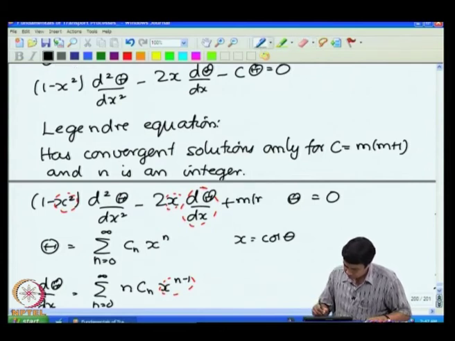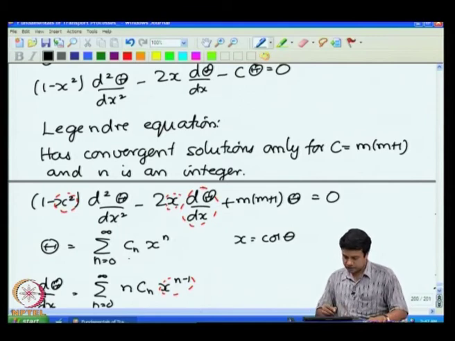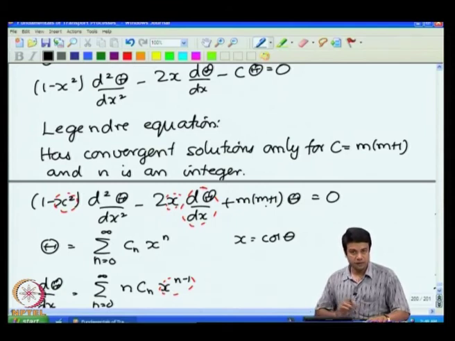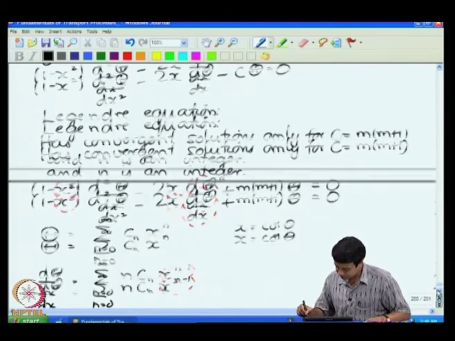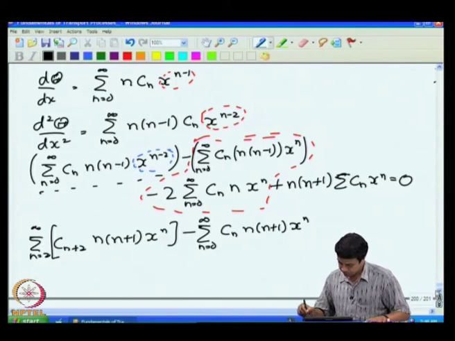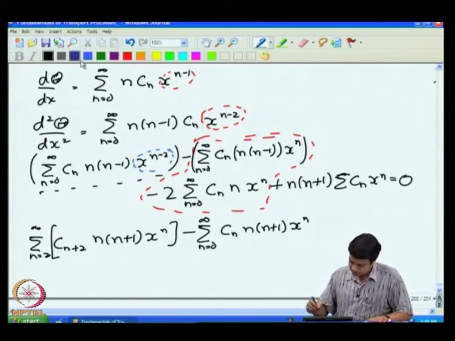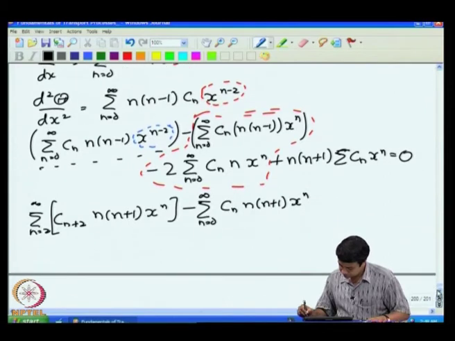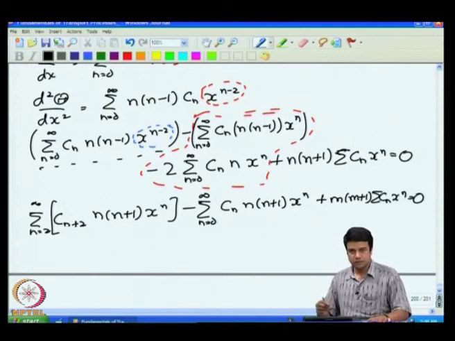Since I have an index of addition n over here, I do not want to confuse it with this constant. Therefore, I have set the coefficient of the constant to be equal to m instead of n, because I do not want to confuse the index that I am adding over, which is n in the series expansion, with m, which is the constant. Then here I will get plus m into n plus 1 sigma Cn x power n is equal to 0.